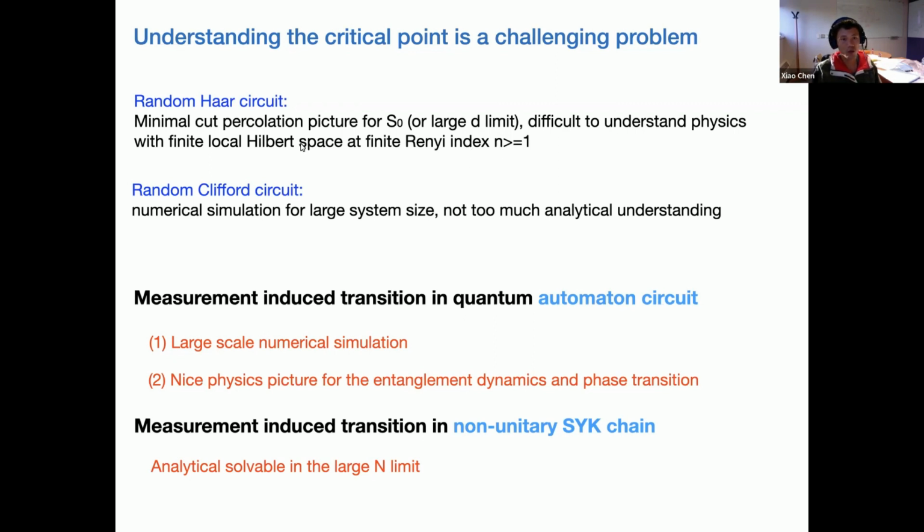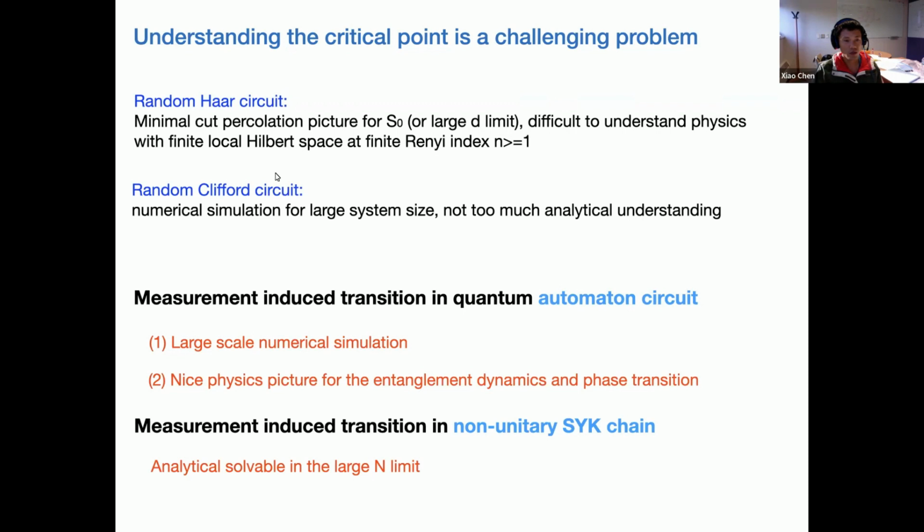So we don't really know the physical properties of the Von Neumann entropy phase transition, or the entanglement transition for the second Renyi entropy. Those are more interesting quantities, but we have no idea about the phase transition for them.